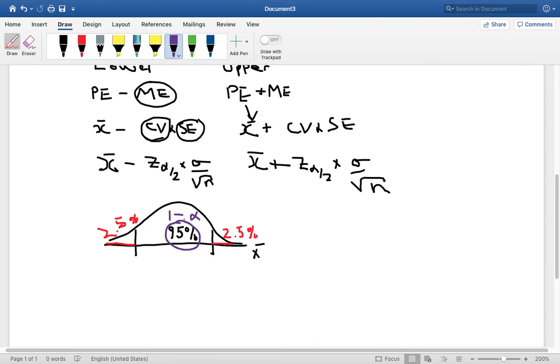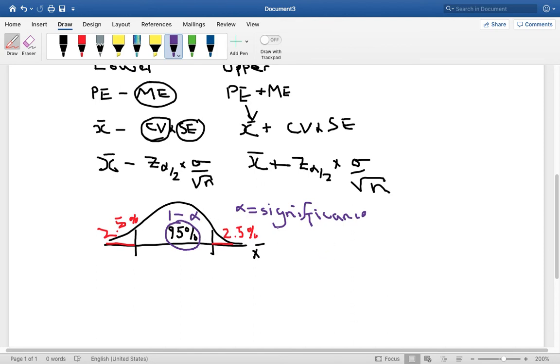So 1 minus 5%, 100% minus 5%, is 95%. Alpha is in fact called the significance level.